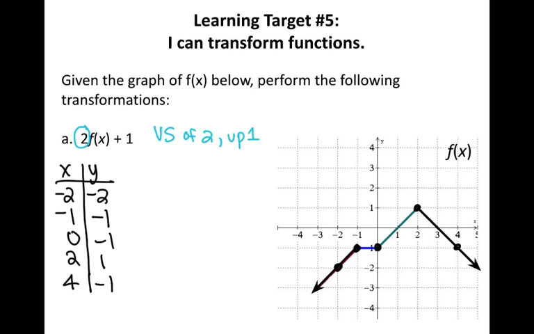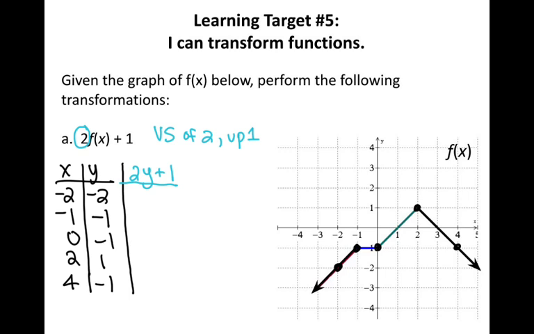4, -1. Okay. So if I think about my transformations, vertical stretch of 2 is going to change my y's. Also, moving up 1 is going to change my y's. So what ends up happening is my y values are going to be the only ones that change. So I'm going to take 2 times my y value plus 1. I'm just going to extend this table. My x values are going to stay the same.